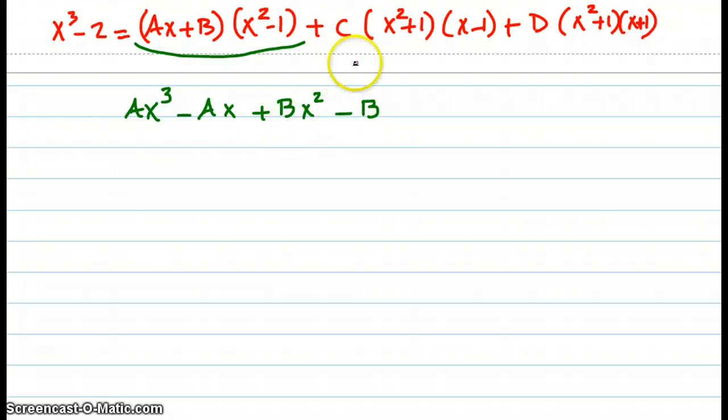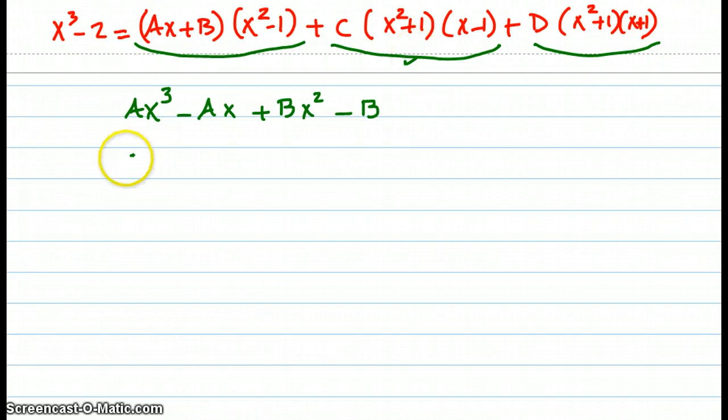I'm going to have similar terms when I distribute this middle term and this last term. So let me distribute this middle term now. c times x squared times x will give me cx cubed. So I'm going to write it right under this. c times x squared minus 1 will give me negative cx squared.